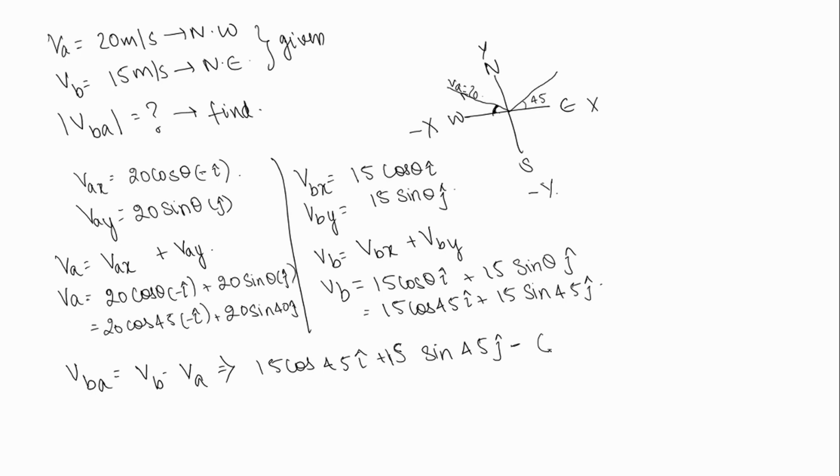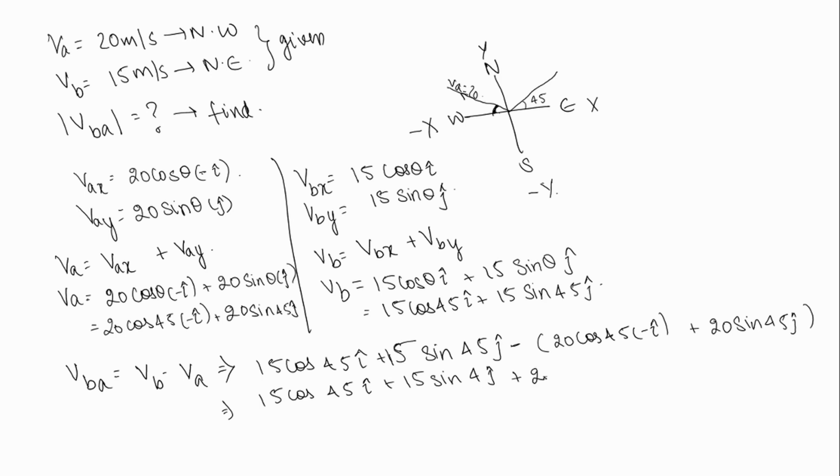Minus of minus is plus, so plus 20 cos 45 i cap, and minus of plus is minus, so minus 20 sin 45 j cap.